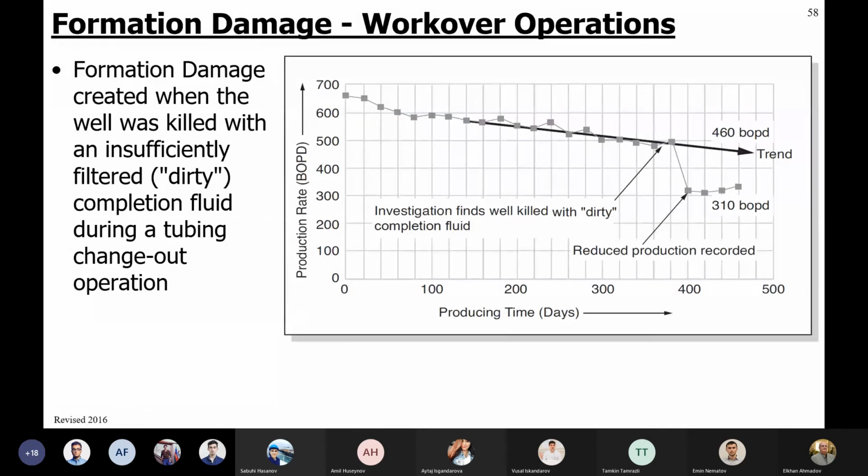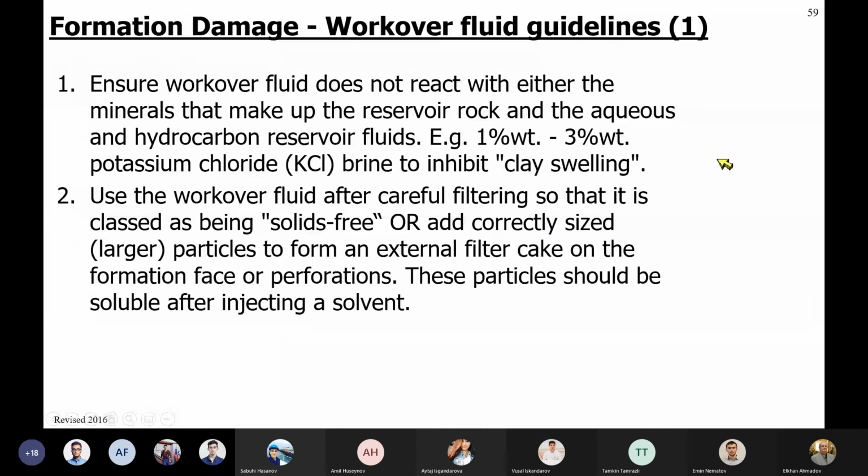These are the workover fluid guidelines on how to choose correctly. Ensure workover fluid does not react with either the minerals that make up the reservoir rock or the aqueous and hydrocarbon reservoir fluids. So for that we have to first of all have a good understanding of the reservoir rock minerals, chemical composition, and a good understanding of the hydrocarbon reservoir fluids and their physical and chemical properties.